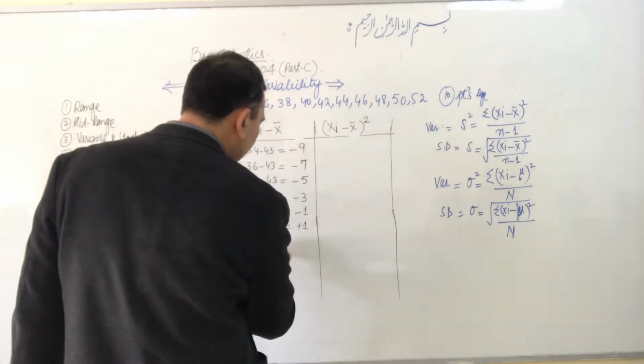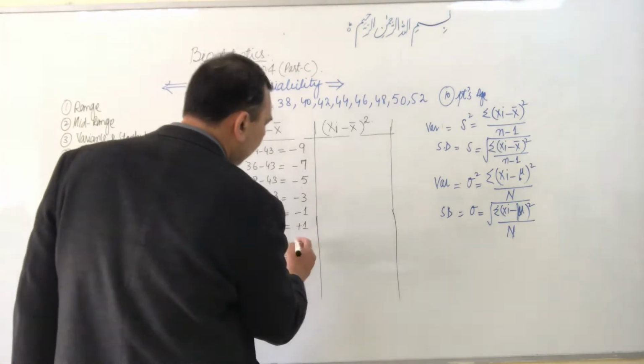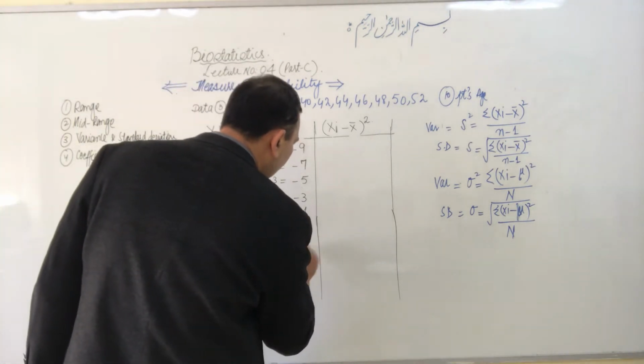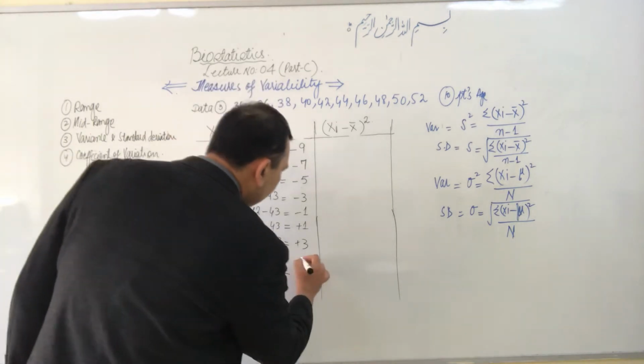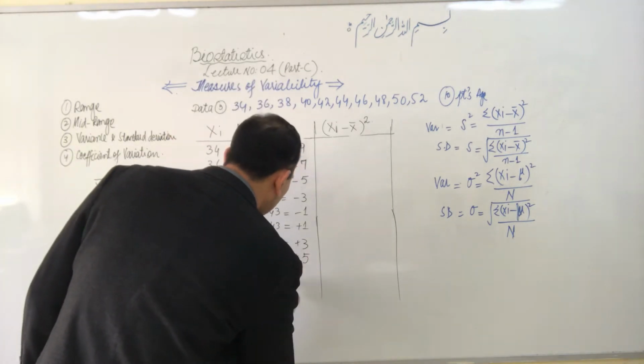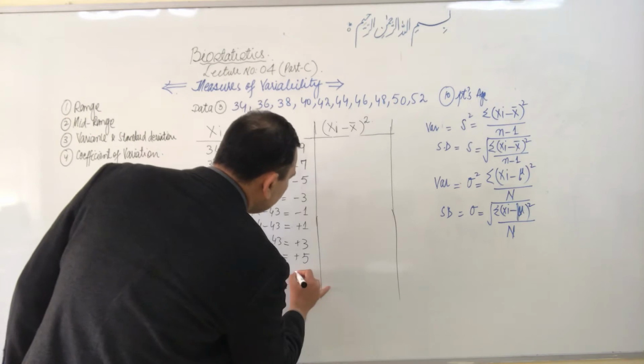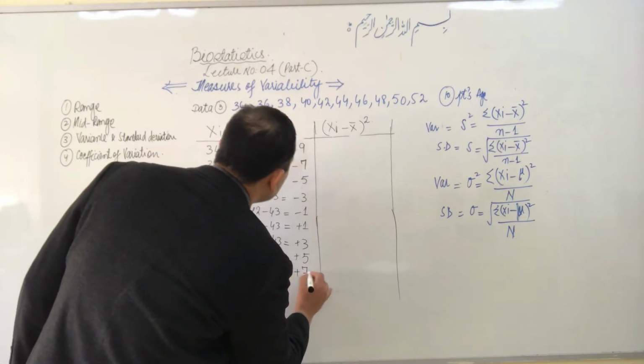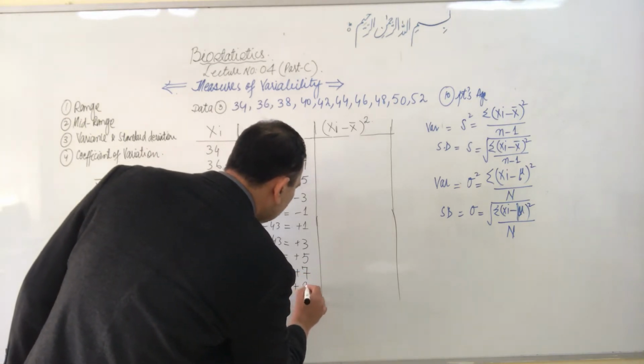Okay, and 46 minus 43 is plus 3, and plus 5, and 50 is plus 7 and 9.